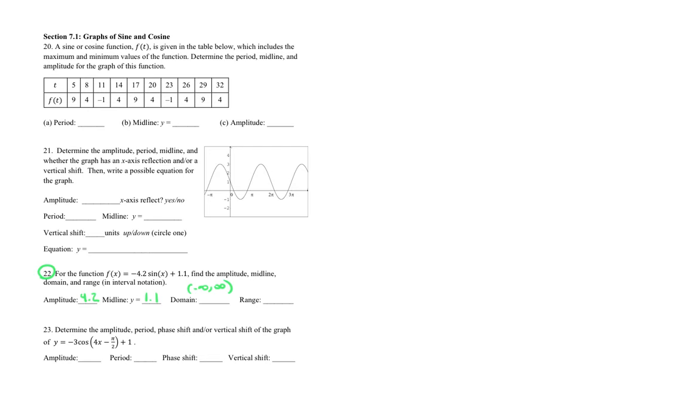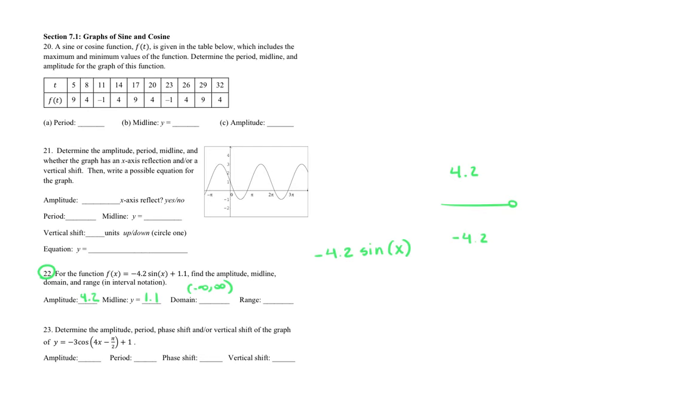Okay, and then for our range, consider the range of just negative 4.2 sine of x. We know this range would go from 4.2 to negative 4.2, where our midline is at 0. And so now we just need to think about shifting everything up by 1.1.